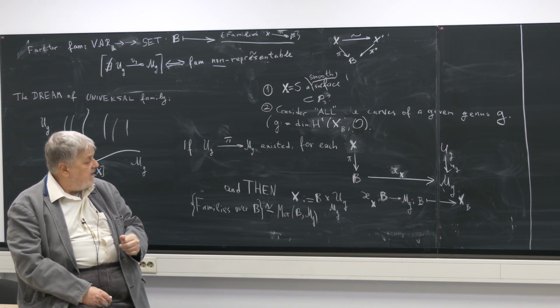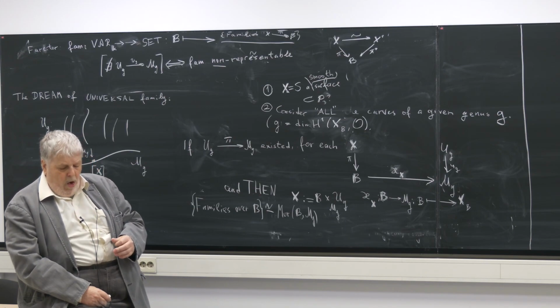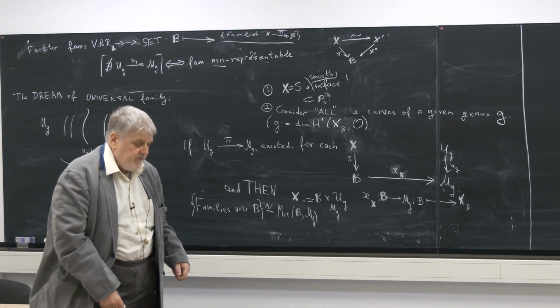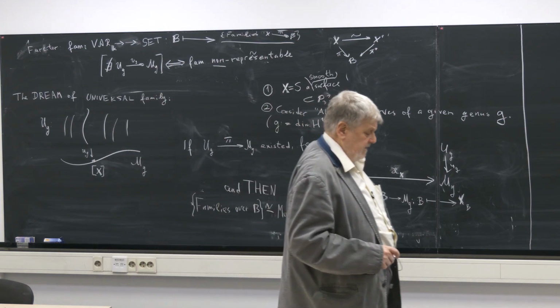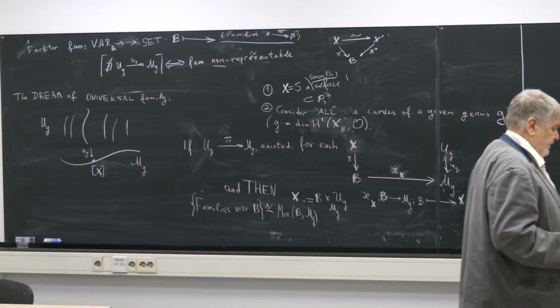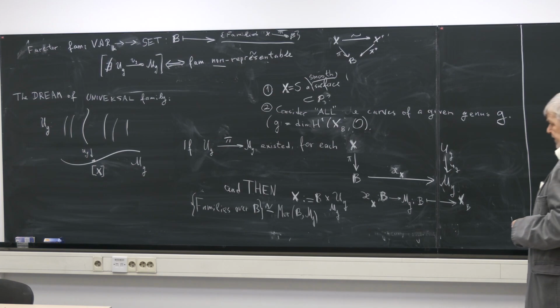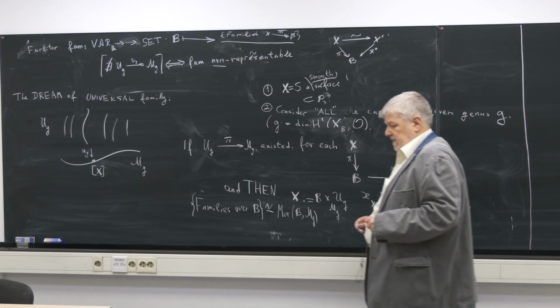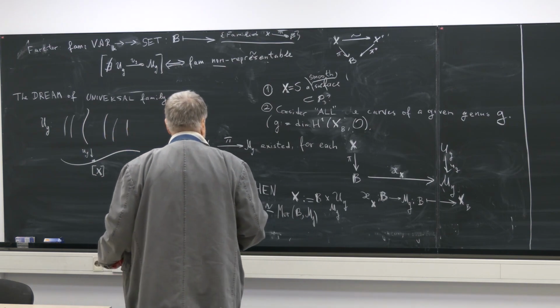Now perhaps we turn to some down-to-earth mathematics just to see how this works. First we have to understand why it is not representable, and we will do it immediately, and then we will discuss how to overcome this difficulty.